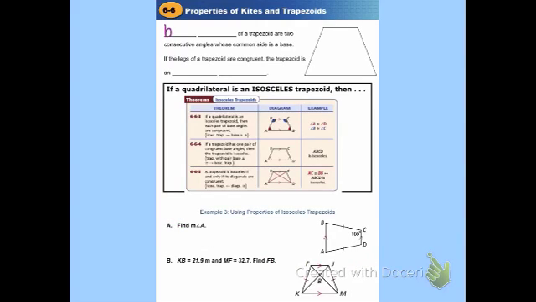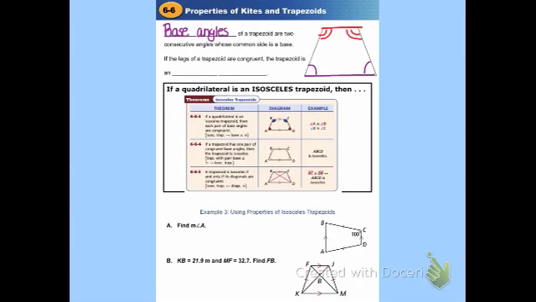Now, base angles of a trapezoid are two consecutive angles whose common side is a base. And in this drawing here, I have an example of base angles. So this is a base right here, and so these would be base angles. And this is a base up here, and these two would be base angles.